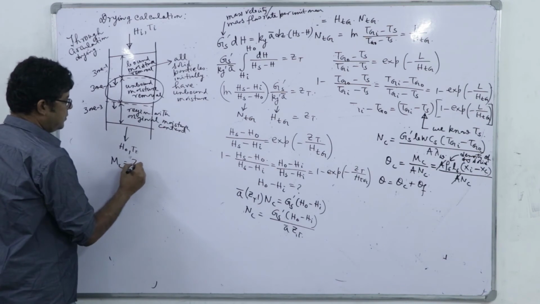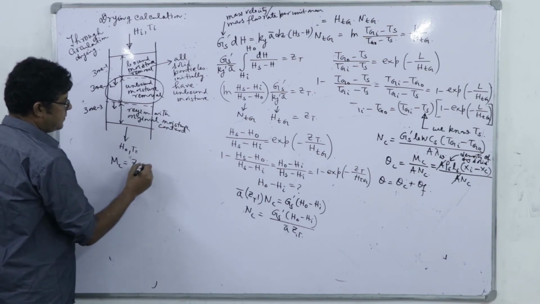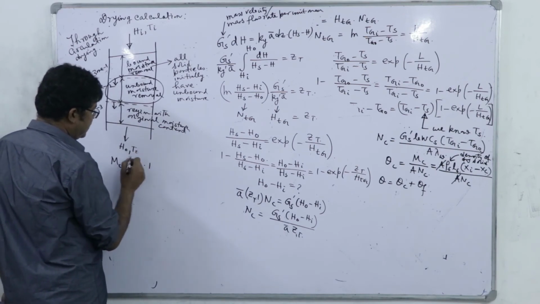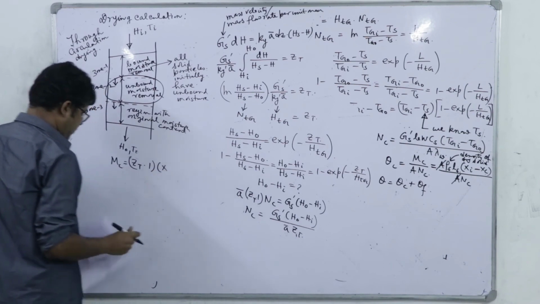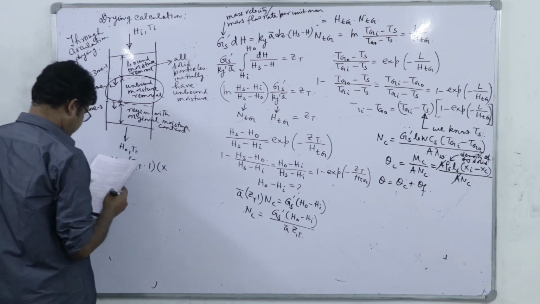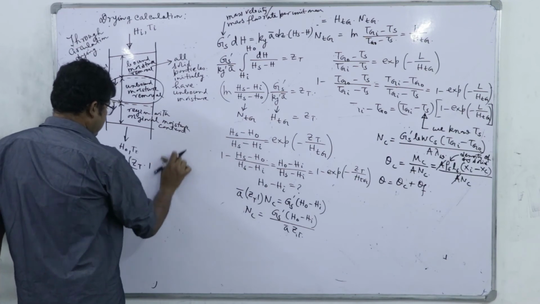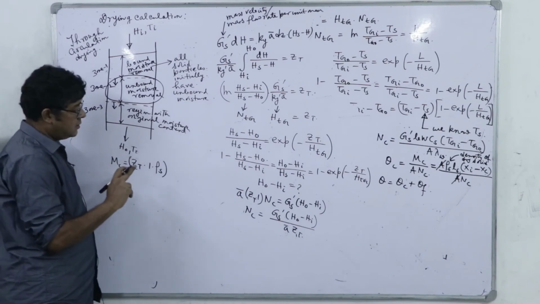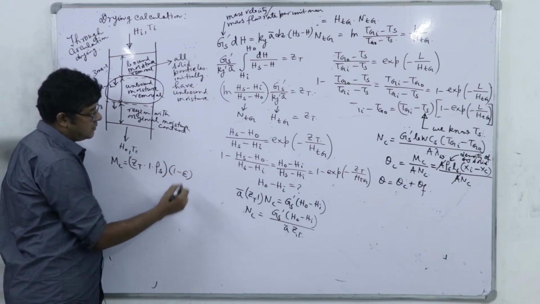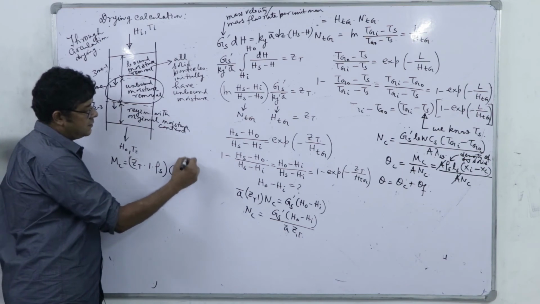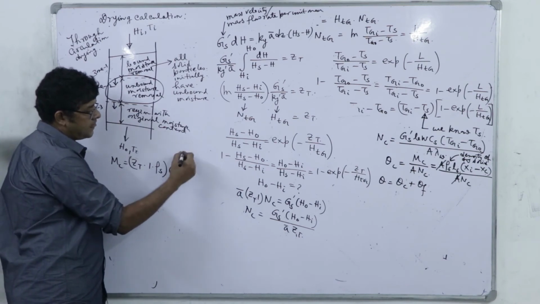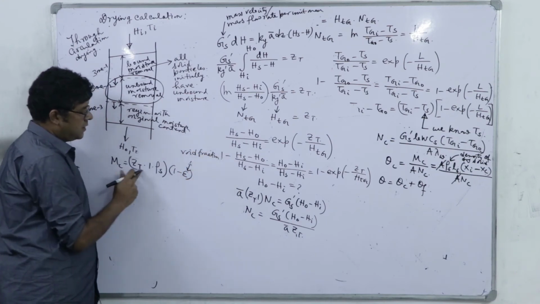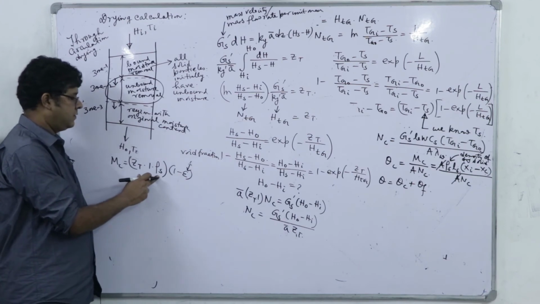So MC equal to ZT into the volume, ZT per unit area, right, into rho S. But note that here we have to multiply it by 1 minus epsilon. Epsilon is the void fraction in the bed, right.